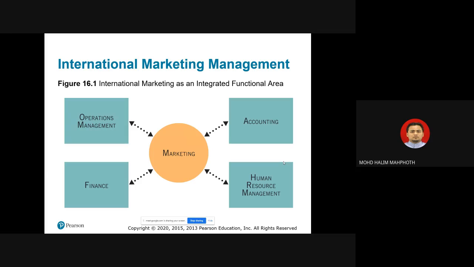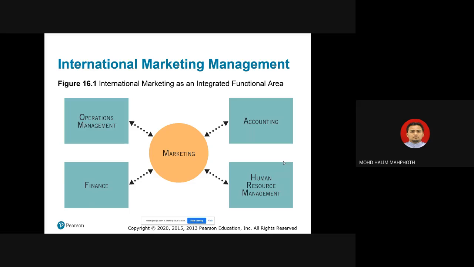International marketing is an integrated functional area. You can see marketing is at the center, and it collaborates with other divisions or departments. Marketing still needs the accounting division to supply information about record keeping, and human resource management in terms of how they employ workers, because when you go abroad you are dealing with foreign workers.